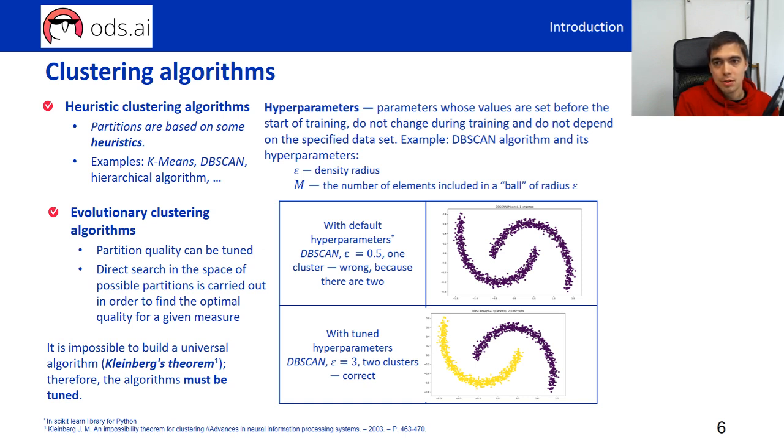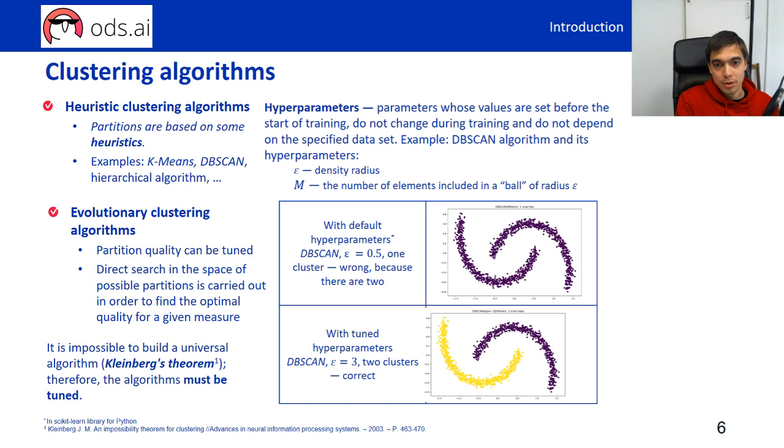The second type is evolutionary algorithms that perform direct search in the space of possible partitions in order to find the optimal one in terms of a quality measure that is given as a parameter. Kleinberg formulated and proved the theorem on the impossibility of constructing a universal clustering algorithm. Therefore, it can be concluded that algorithms need to be tuned.